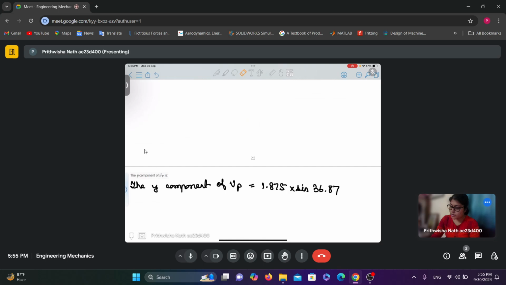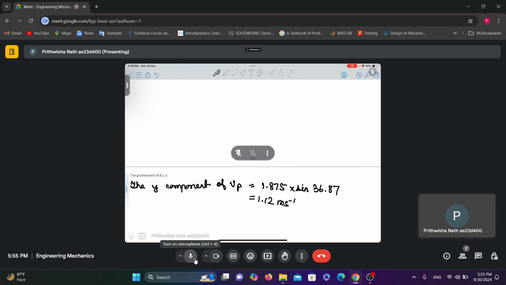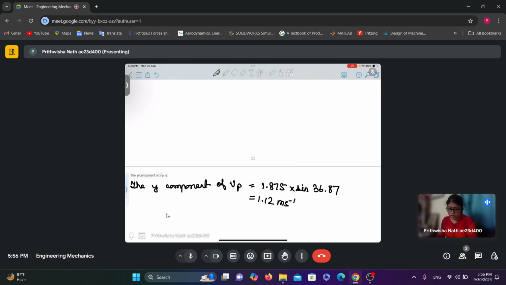That is 1.12 meter per second. So this is the y component of Vp.